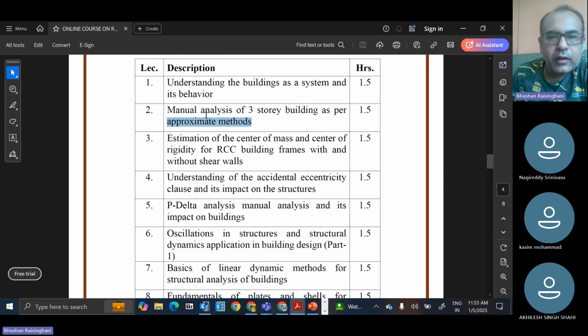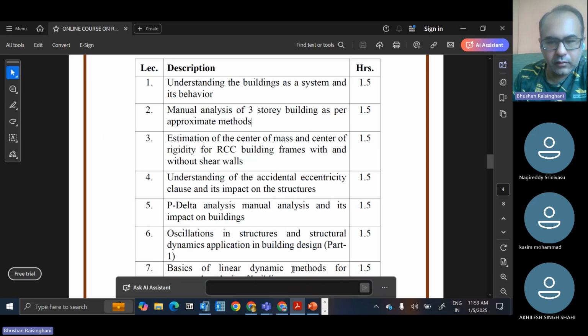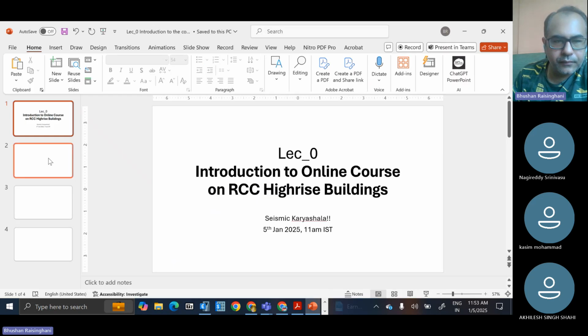Then after that, manual analysis of a three-story building as per the approximate method. So what are the approximate methods? Let me take a bit onto that.